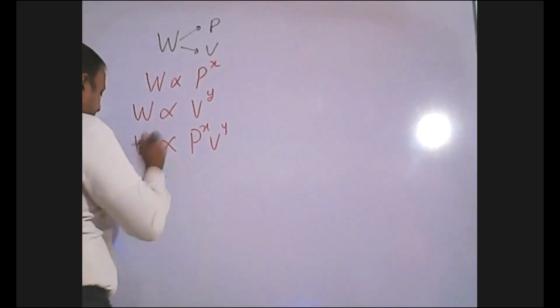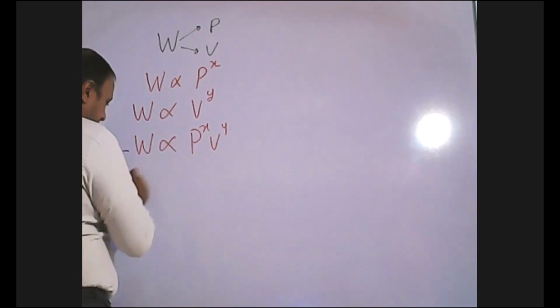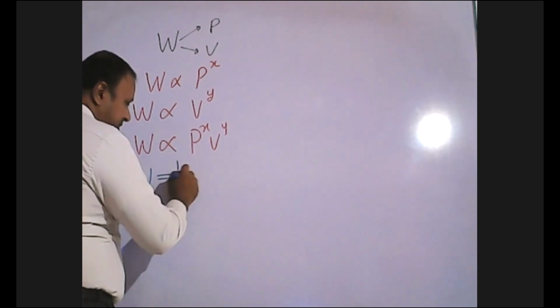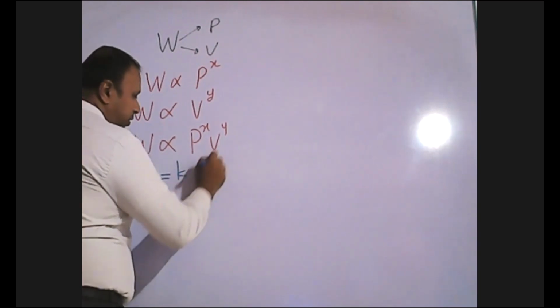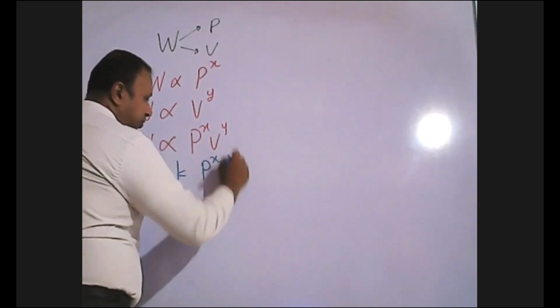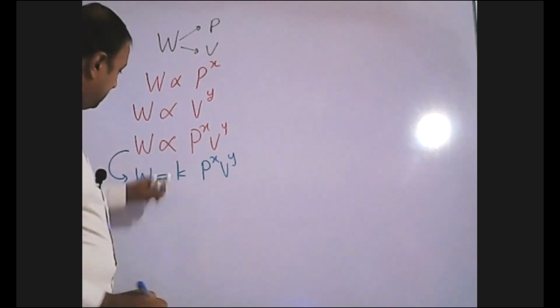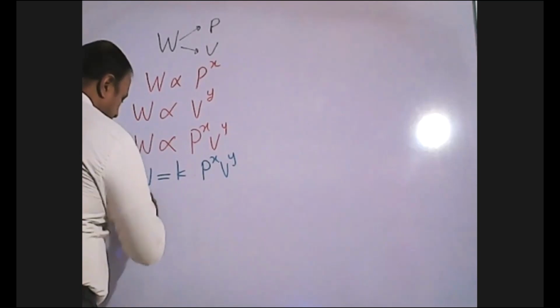Once I convert this relationship into an equation, I will have W is equal to a constant K into P to the power X and V to the power Y. I have converted that. K is the proportionality constant, and you have to mention that part.